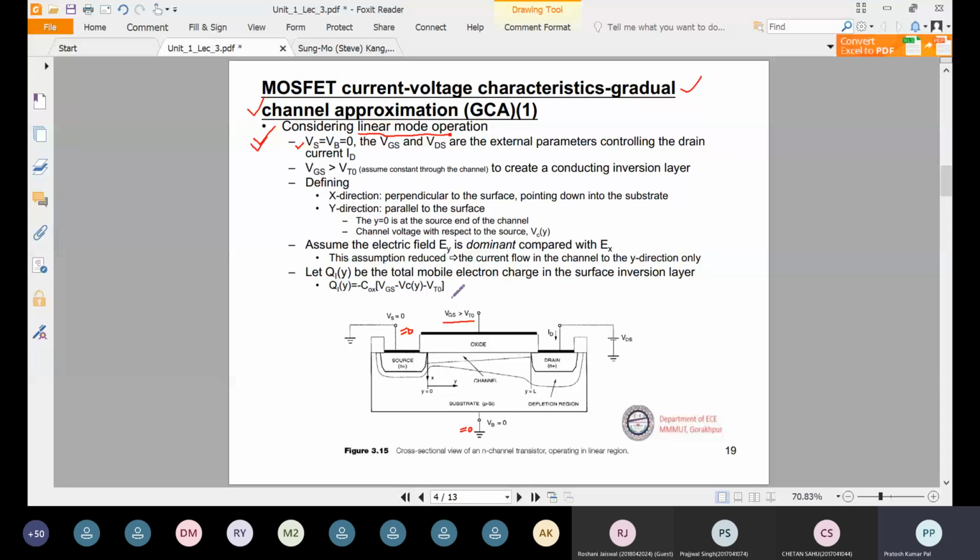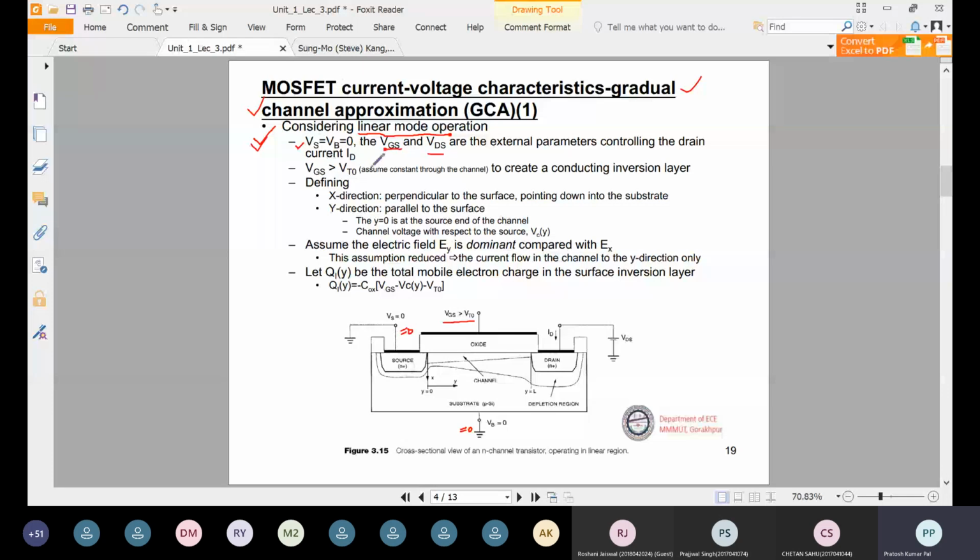So here, greater than threshold voltage means the MOSFET has an inversion layer formed, meaning the channel is formed. तो अगर गेट वोल्टेज थ्रेशोल्ड वोल्टेज से ज़्यादा है, that means the channel has formed. उसके बाद हम analysis करेंगे, and based on the drain to source voltage it should be operating in linear or in saturation. ठीक है, तो सबसे पहले हमने ये कंडीशन ले लिया कि Vs और Vb equal to 0 है, and then we are varying VGS and VDS.